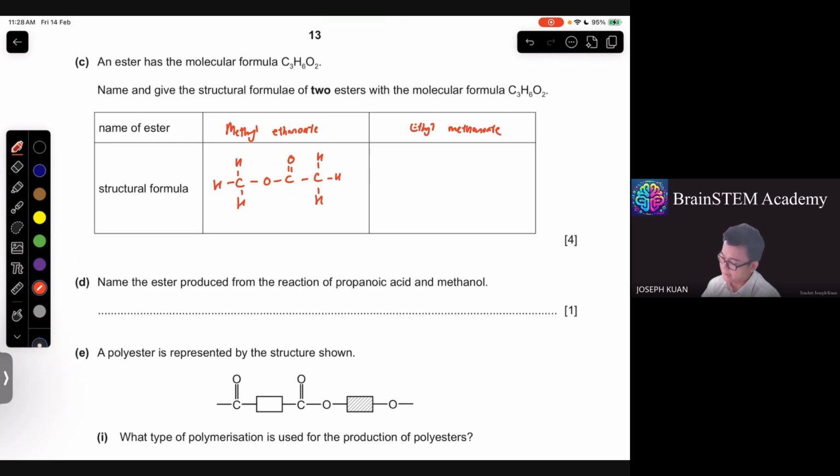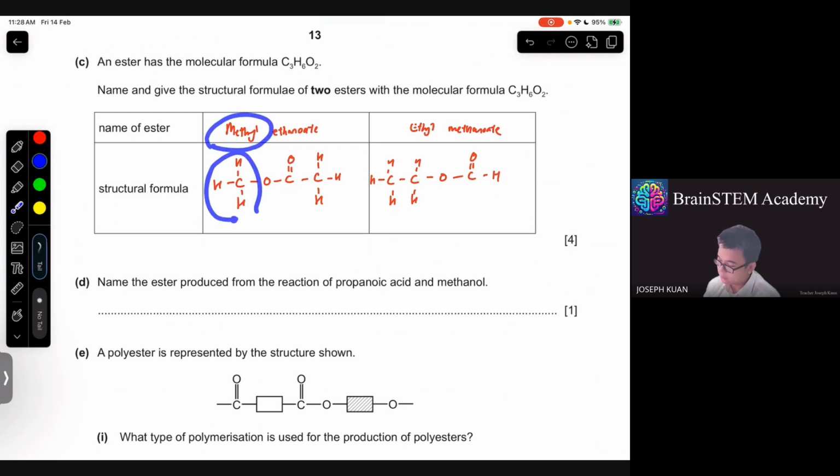And then our ethyl methanoate is C2H5 followed by ester linkage, and then this one only has 1 carbon. Right, first name from the alcohol, second name from the carboxylic acid.